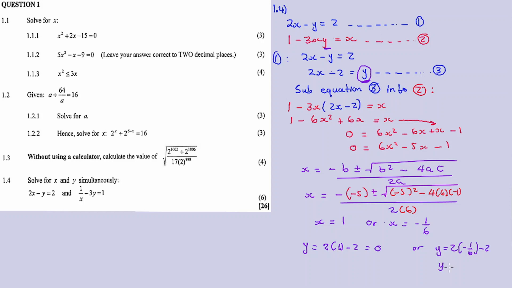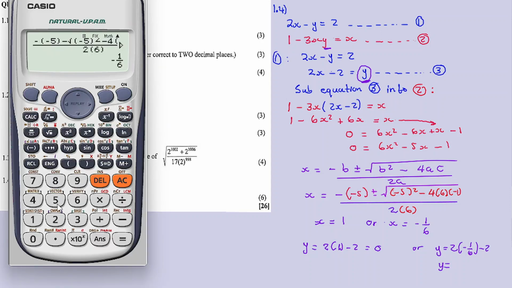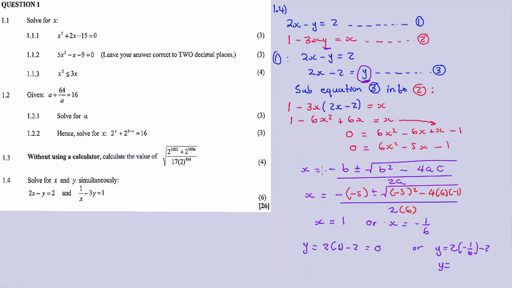Y is equal to 2, answer minus 2, yes, minus 7 over 3, minus 7 over 3. So this is our final answer and the last question, question 1.